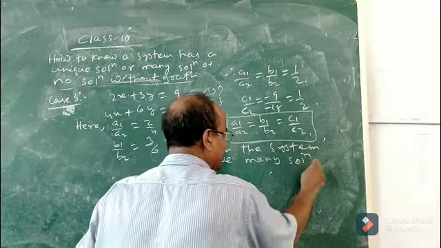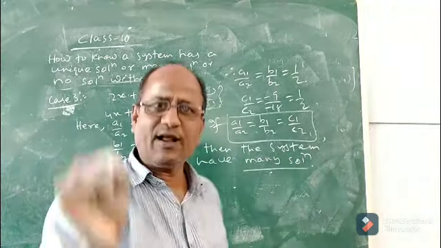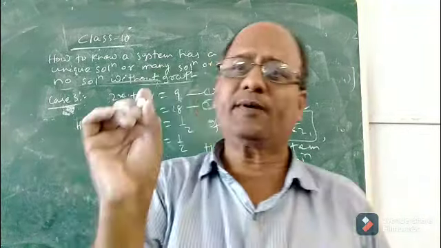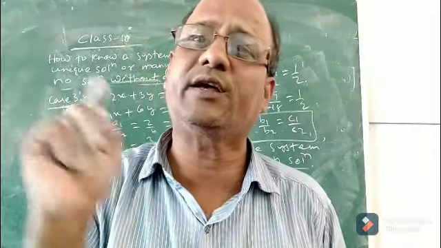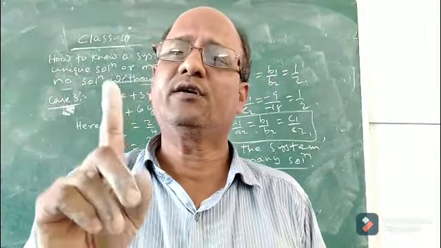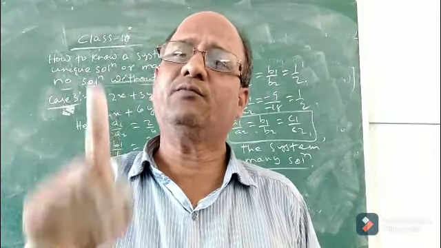So children, in this class I discussed particularly without graph how to determine whether a system has a unique solution or no solution or many solution. I told you three cases. For unique solution, a1 by a2 must not be equal to b1 by b2. That is the first case. In the second case, if a1 by a2 and b1 by b2 are equal, then find the third ratio c1 by c2.